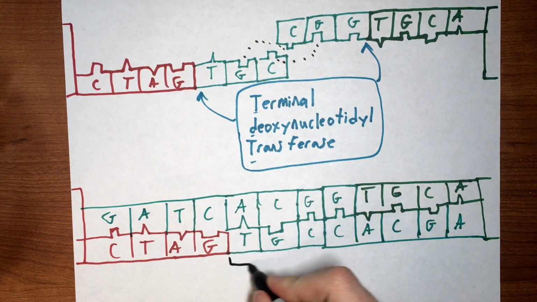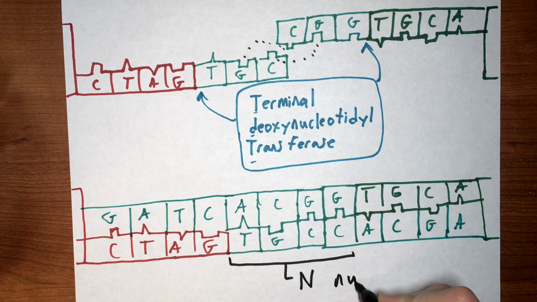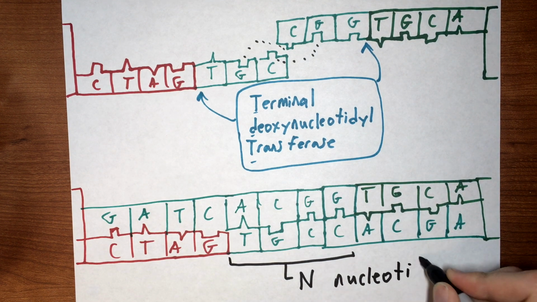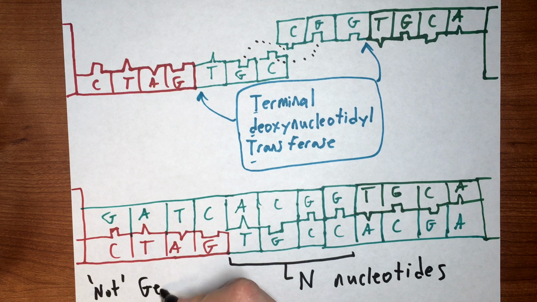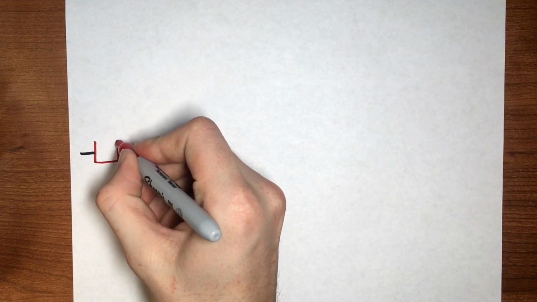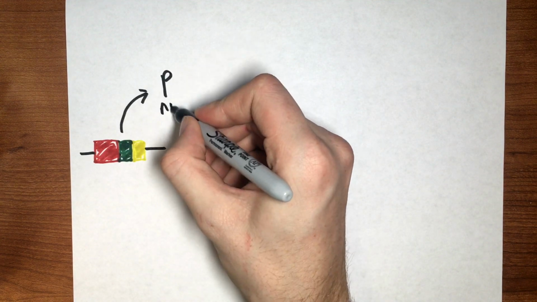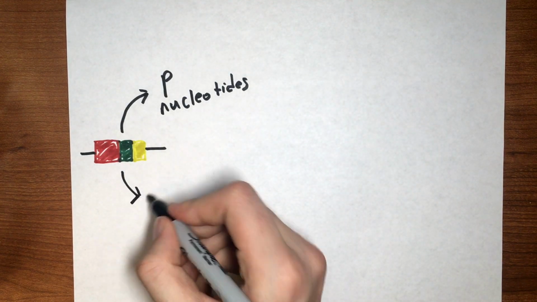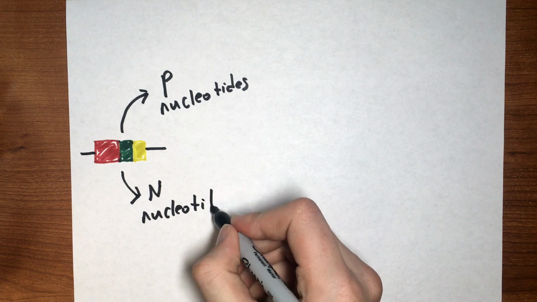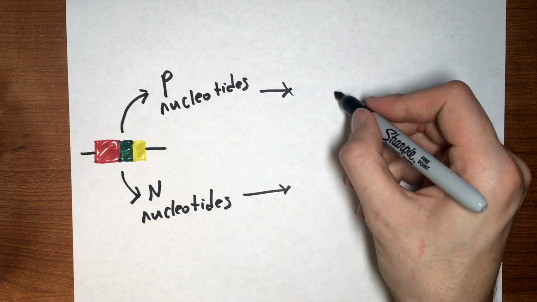These additional random nucleotides are called N-nucleotides because they are not encoded by germline DNA. This whole process of joining segments results in the addition of two types of nucleotides, P and N, to the coding joint, which creates junctional diversity.